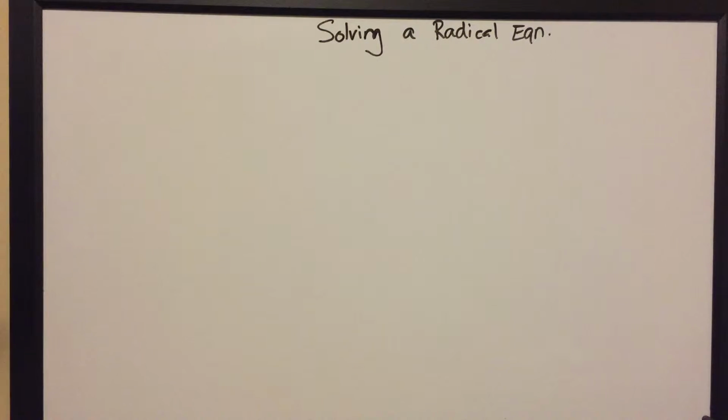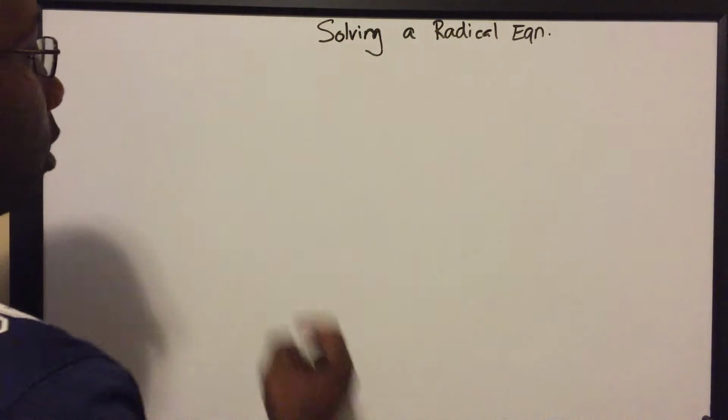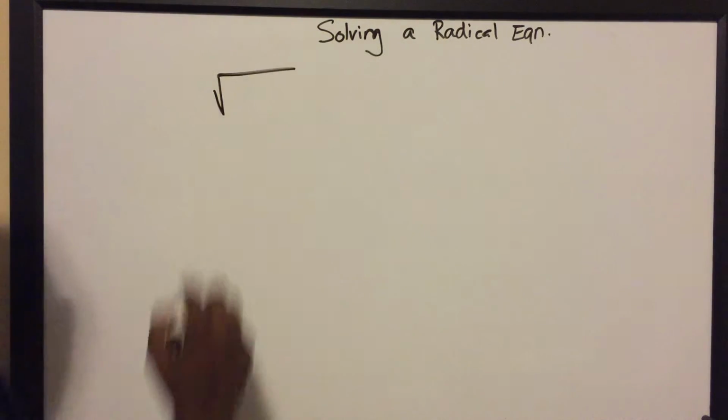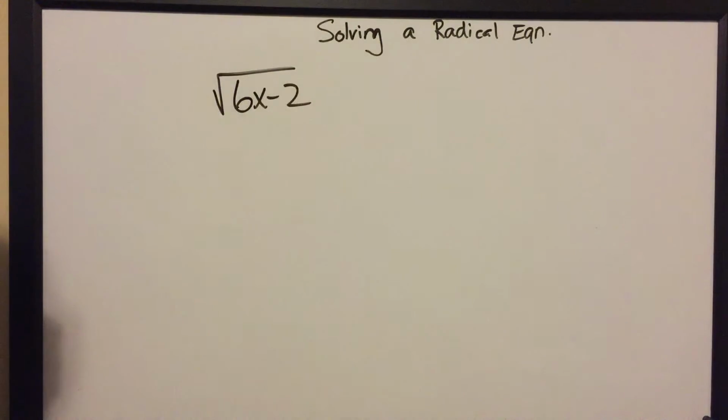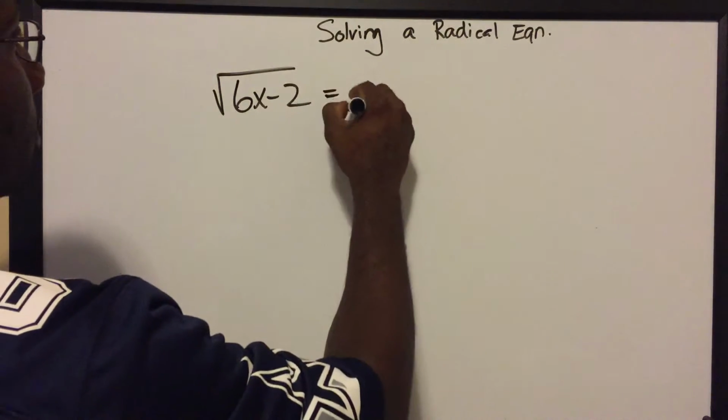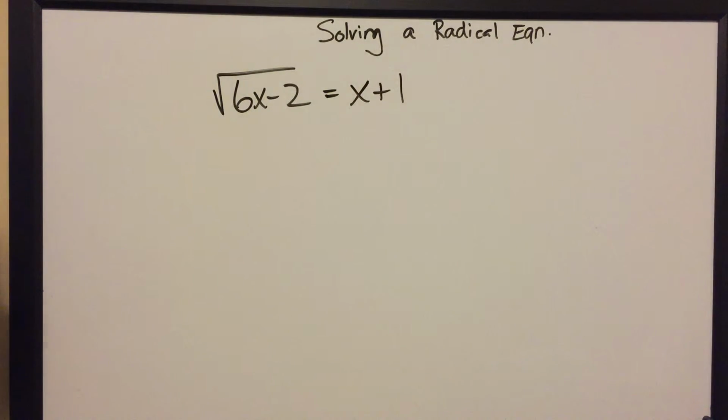So an example problem to start with would be the square root of 6x minus 2 is equal to x plus 1. If necessary, the first thing we want to do when we are faced with these problems is isolate the radical on one side, but there's no need to do that here because it's already there.